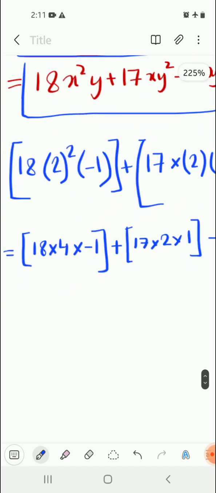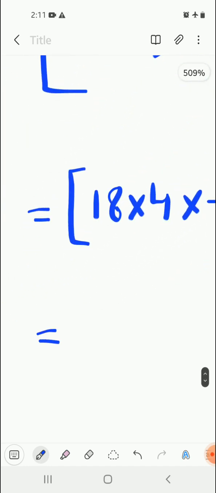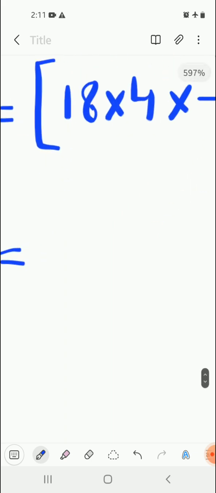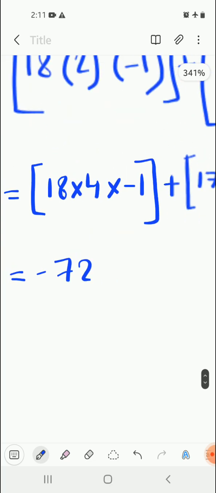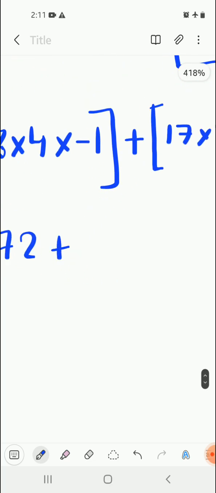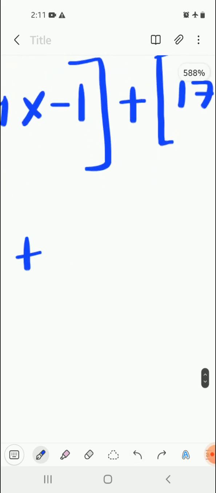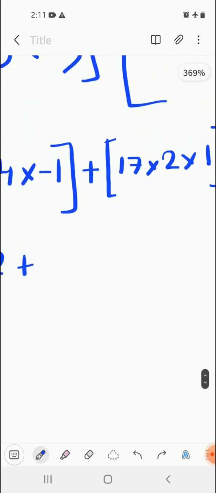Now we are going to solve the things that are given in the bracket. So here we have got 18 into 4. So 18 into 4 is 72, into minus 1 becomes minus 72. After this, plus 17 into 2, and into 1.